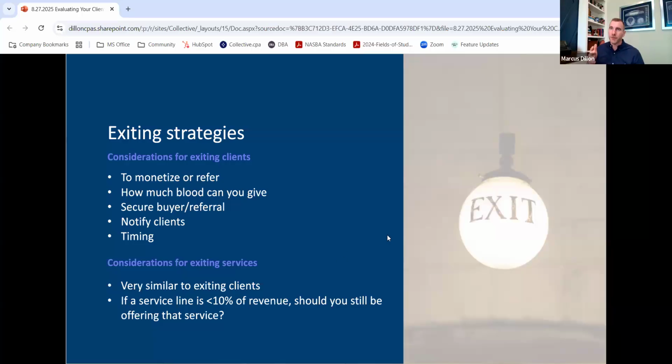Makes complete sense. The final thing I would say on it, if you are looking to partner with somebody on exiting these clients that no longer fit, or these services that no longer fit, if you're a part of a group like Collective, that's a great place to start to see where folks are looking to grow. Maybe there's some opportunity there in your local market. You can also search out your peers, competitors, however you want to think about them.